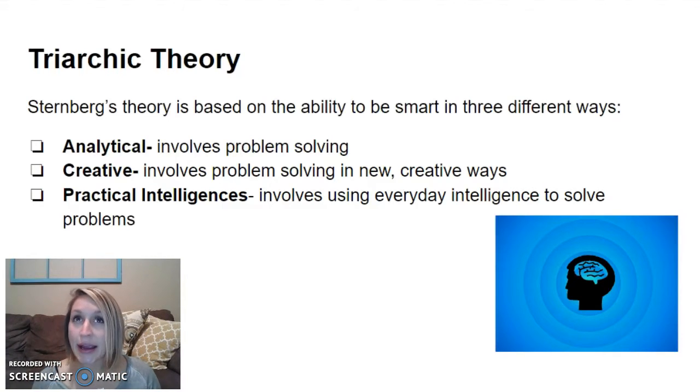And so it's kind of along the same realm as Howard Gardner, but yet it's simpler, and there's just three. So analytical involves problem solving. Creative is being strong in the areas of problem solving in new creative ways. And then practical intelligences involves everyday intelligences to solve problems, being more practical.